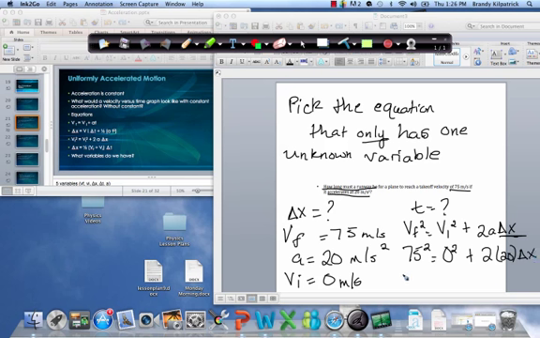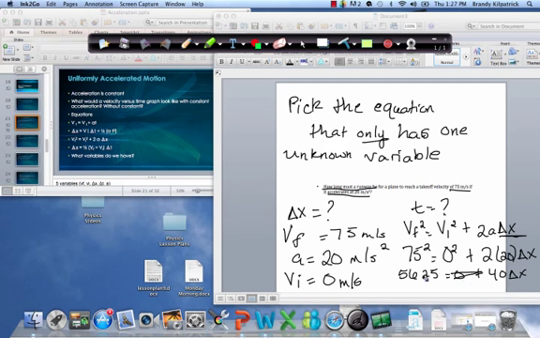So 75 squared will give me 5,625. That's equal to 0 plus 40 delta x. 2 times 20 is 40. So I can go ahead and just get rid of the 0 because it's not going to affect anything.